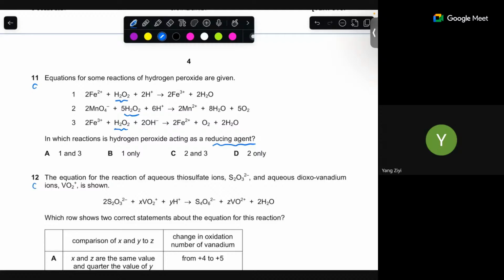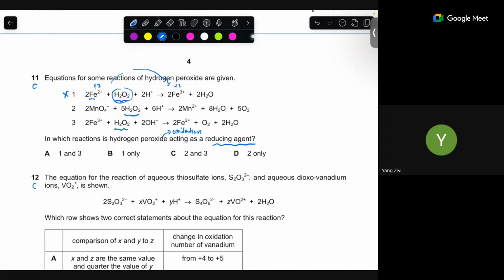So it means it may receive oxygen and so on. Let's look from the equation. Here is plus 2 and this one is plus 3, so this is going to oxidize Fe2+. It is oxidizing, so it cannot be number 1.